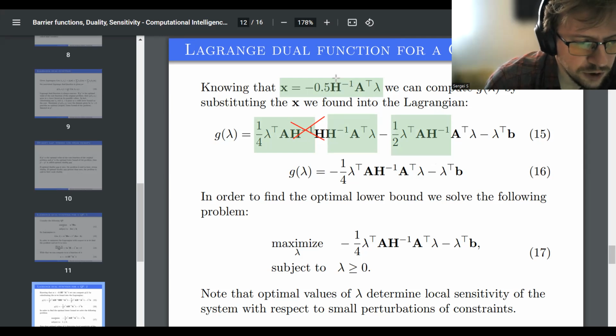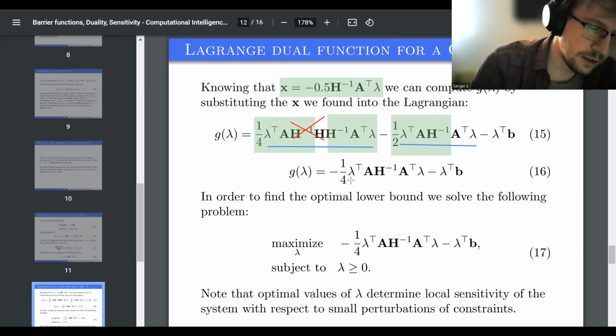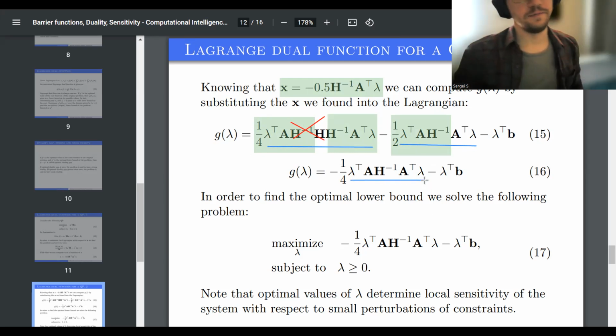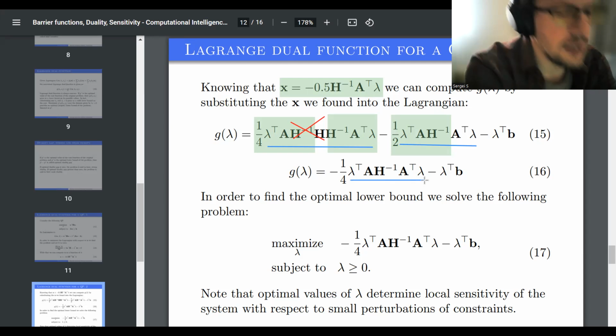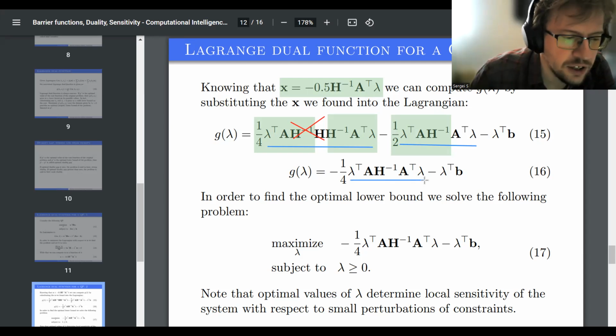So this quadratic function is the same as this quadratic function. So we combine them, and this minus overpowers this, so we have minus 1/4. And this is the Lagrange dual function. So this is a Lagrange dual function.